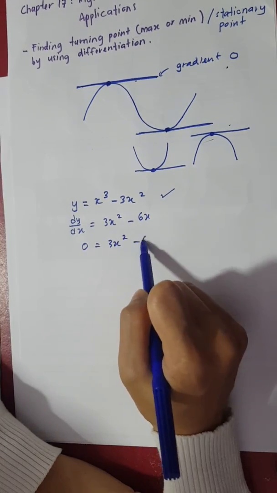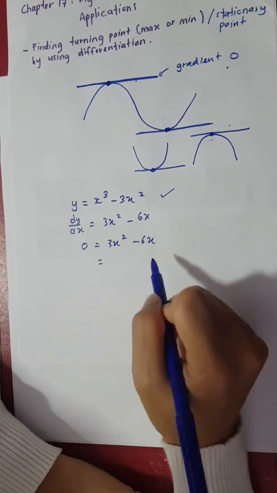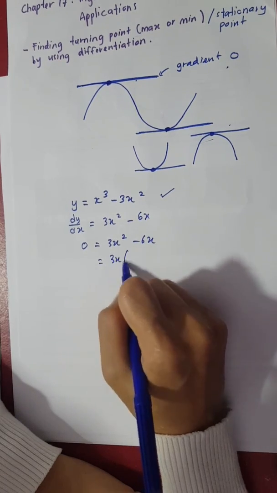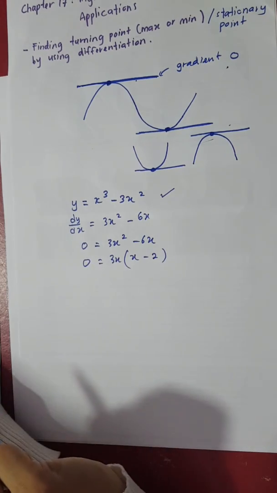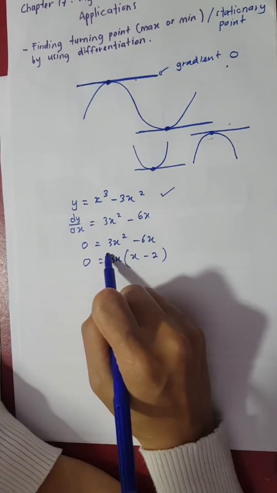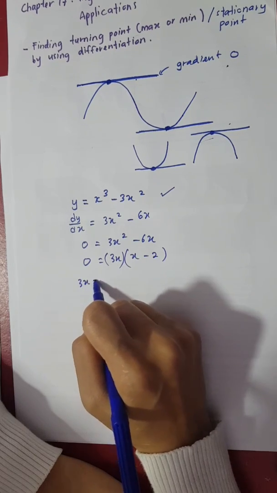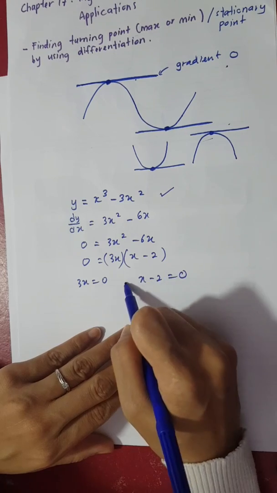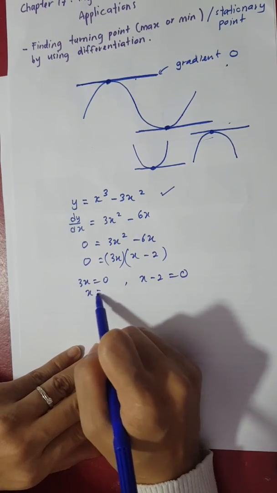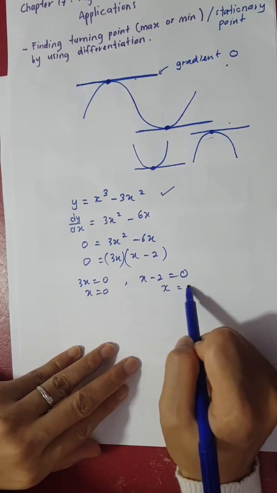So 3x squared minus 6x. Solve it. So you have 3x(x minus 2), right? So one bracket equal to 0, another bracket equal to 0. So x equal to 0 and x equal to 2.